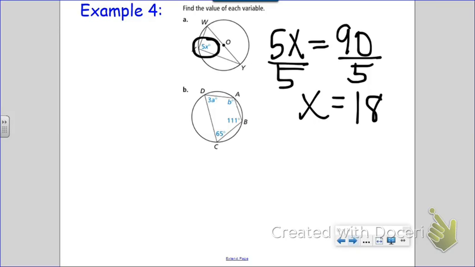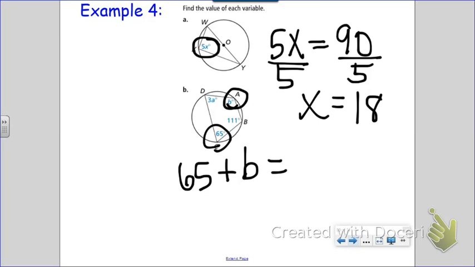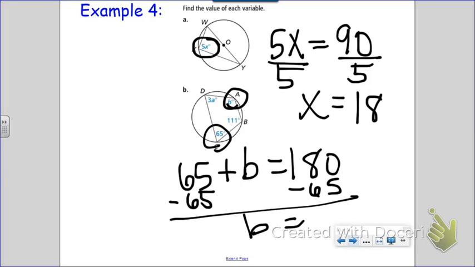On the next example, the opposite angles have to be supplementary. (65 plus b) has to equal 180. If we take 180 minus 65, we get 115. So b equals 115.